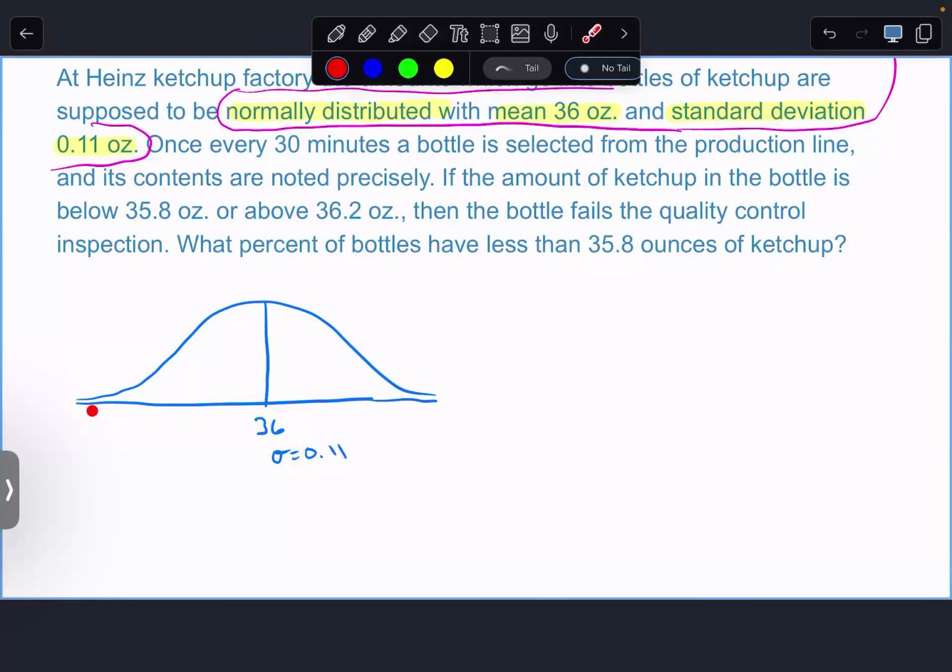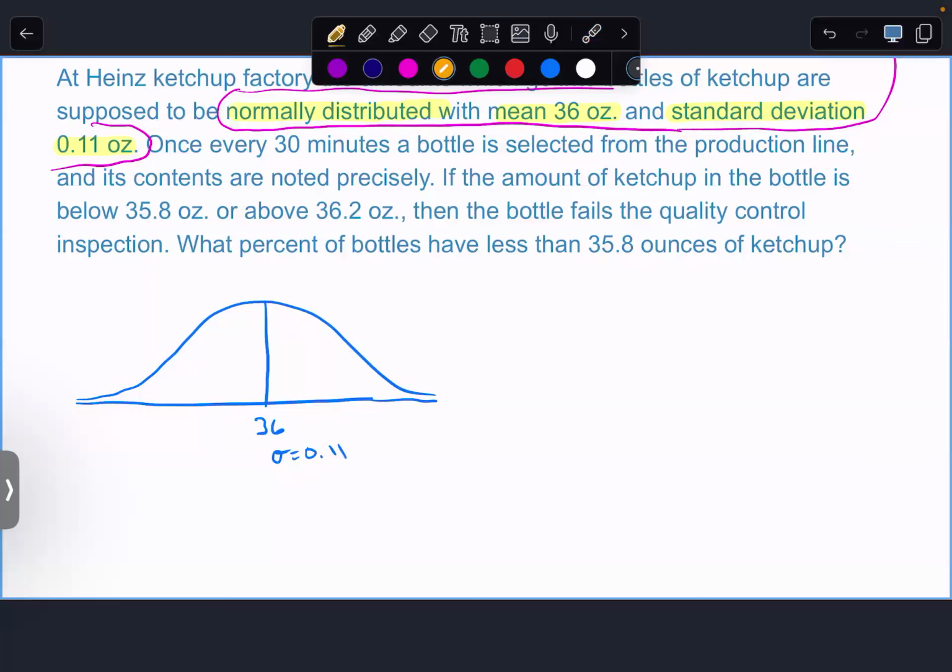You could if you wanted to, but that's kind of too much. Some parameters that were given is that if it's below 35.8 ounces or above 36.2 ounces, then it fails the quality control. You're underfilling or you're overfilling, which shouldn't really be a concern, but then you're losing money if you're overfilling constantly, right? And so that's bad.